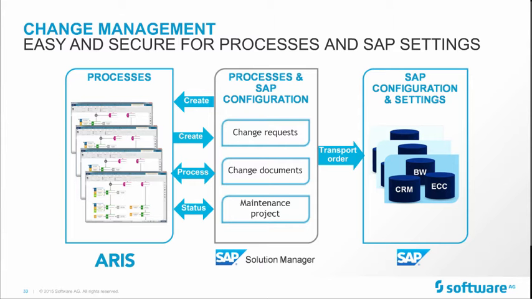Maybe you've got new updates on the SAP system, and maybe that's also something that you want to push back into ARIS. And that's where we have some dedicated tools and support that help you make sure not only that process changes are known and communicated, but also that SAP configuration changes and technical changes come back into the process design so that people can have a look at them there.